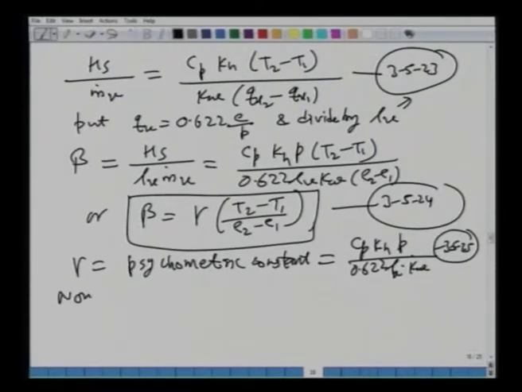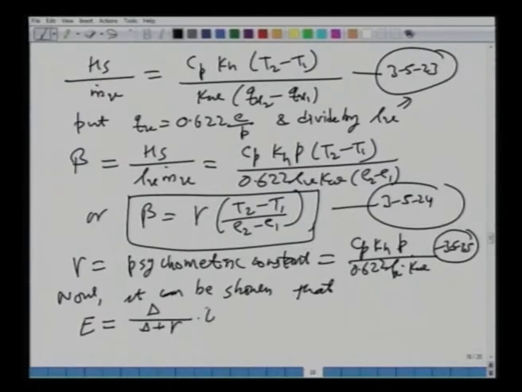Okay. Now, in terms of all of these parameters, what people have done is they have shown, or we will write that now it can be shown or derived that your combined evaporation is given by this equation, delta over delta plus gamma times E R plus gamma over delta plus gamma times E A. Okay.